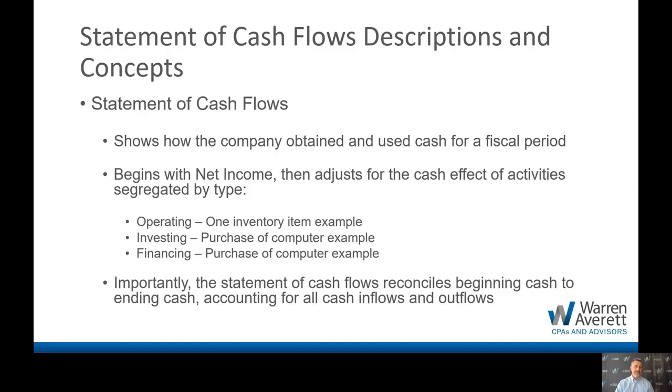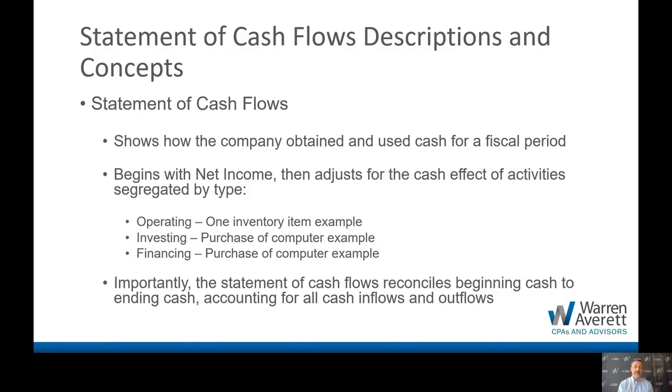The income statement shows revenues earned and expenses incurred during the period. The statement of cash flows begins with net income and then makes adjustments for activity that might not have had cash associated with that activity, or the cash may flow in a different fiscal period from when the expense was incurred or the revenue earned.